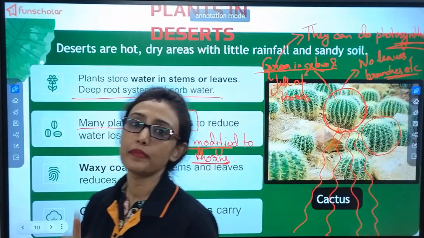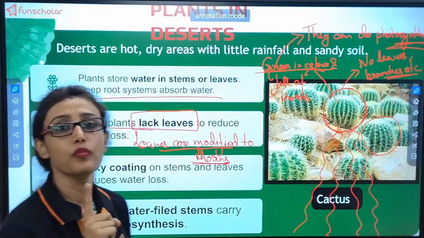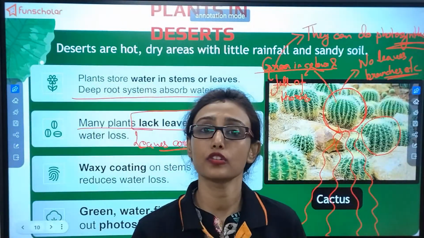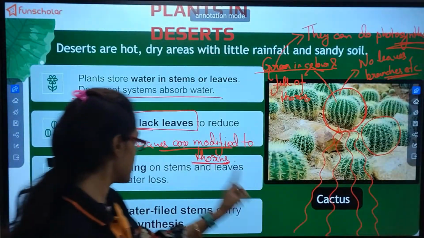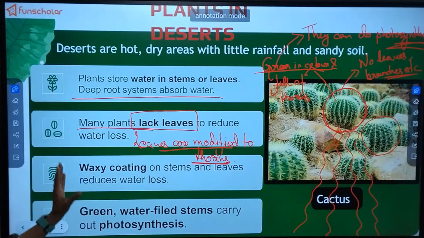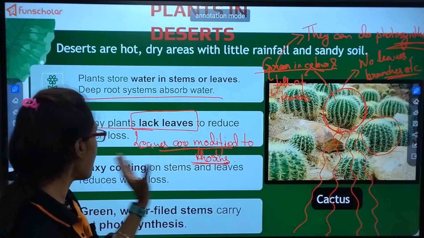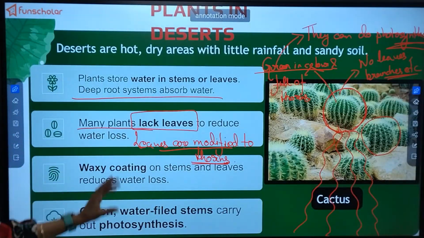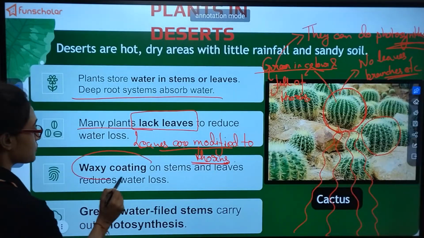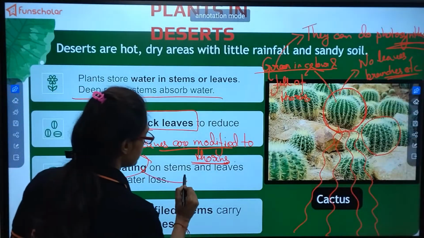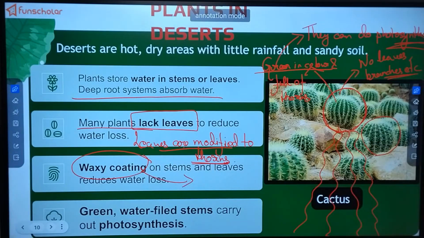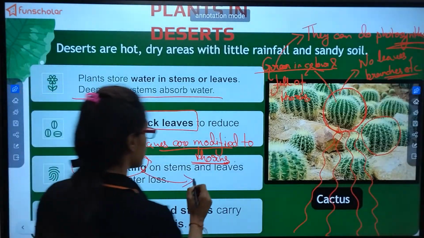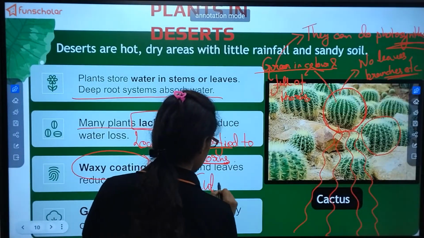Second, they are preventing loss of water, and water is being stored where? In the thorns and in the leaves. Understood? Waxy coating on stem and leaves reduce water loss. This waxy coating is what? Nothing but, can you tell me? I have already taught you this waxy coating is cuticle.